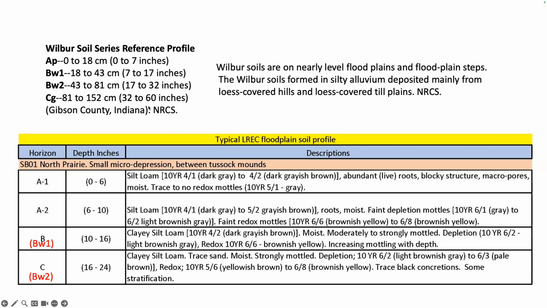Our descriptions varied a little bit from that. Down in here, this is North Prairie, we did A1 and A2, and then a B, and then a C horizon. Our NRCS soil scientist that did the monoliths here used a different system, so depending on who you're listening to, you'll occasionally get some different classifications on these.